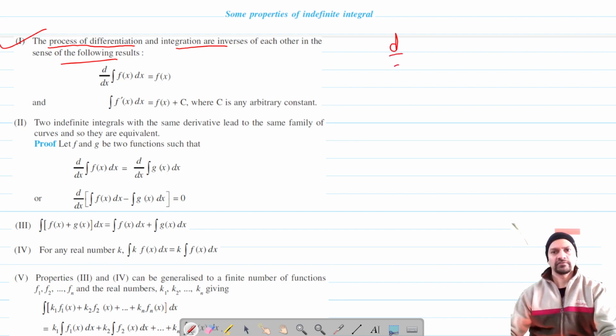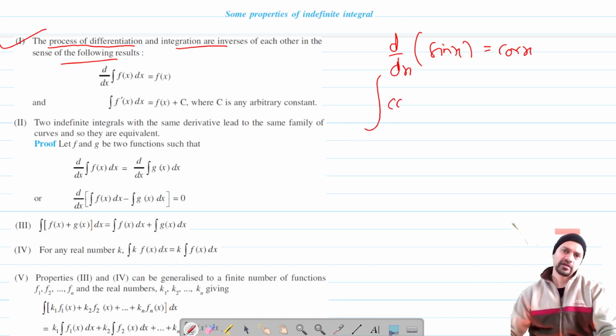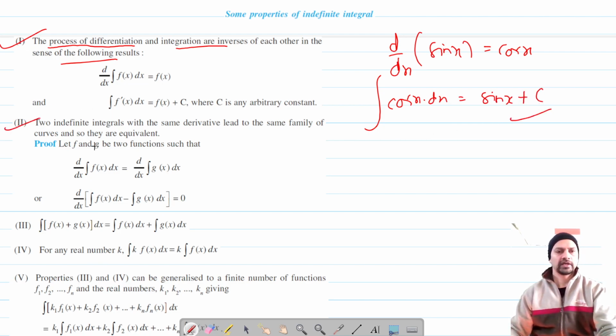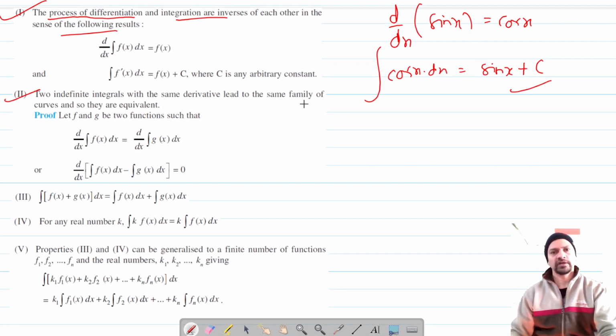That is, if differentiation of sin x is cos x, then we will say integration of cos x will be sin x, and we have to add a constant there. So that is the first one. Now the second: two indefinite integrals with the same derivatives are equivalent.